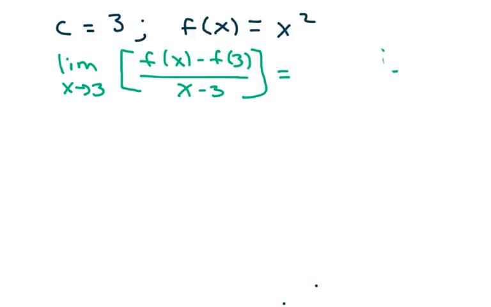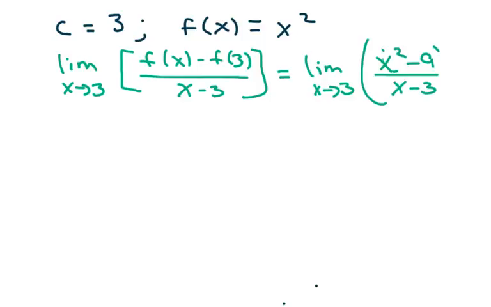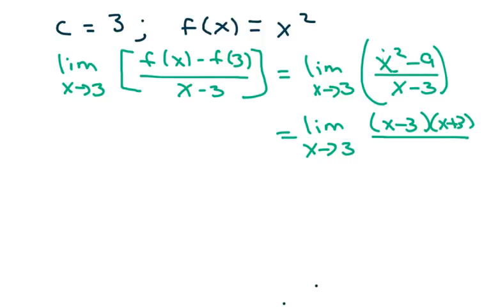So basically, it's the limit as x approaches 3 of x squared minus 9 over x minus 3, which equals the limit as x approaches 3. And I'm going to factor with the difference of squares, x minus 3 times x plus 3 over x minus 3.